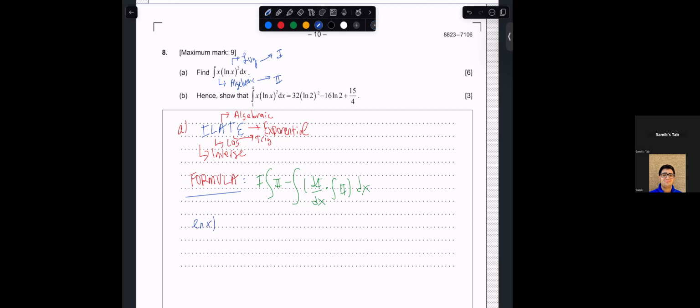So (ln x) whole square, integral of x, minus the integral of dy/dx of the first one. We can find dy/dx of the first one over here. So what is dy/dx of (ln x) whole square? This is quite simple. We just take the chain rule, if you learned that in derivatives, but essentially you bring the 2 out.